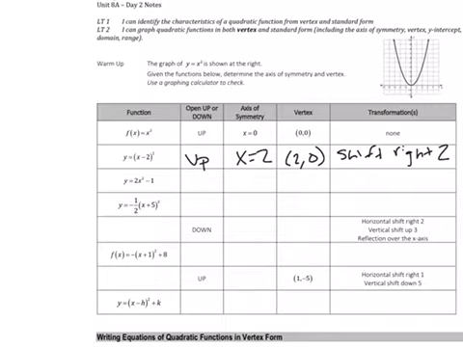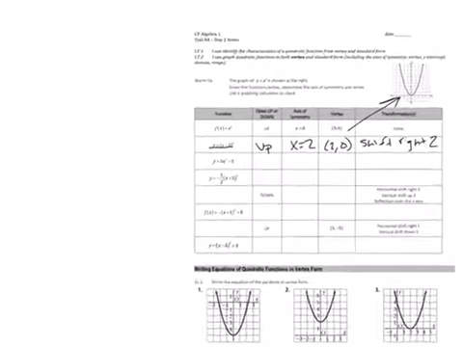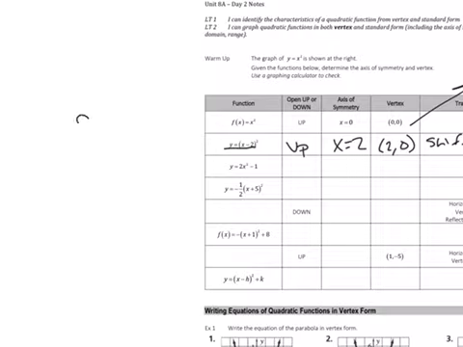Okay? Now remember, I just did all of this by comparing the vertex to the vertex of the parent graph, right? And then looking at the characteristics given to us by the equation. If you need to, go back to your day 1 notes. You can look at all the features of the equations that are going to tell you the characteristics of your graph, right? So actually, let's just write them down on our side here. Remember, a is going to be our vertical stretch.